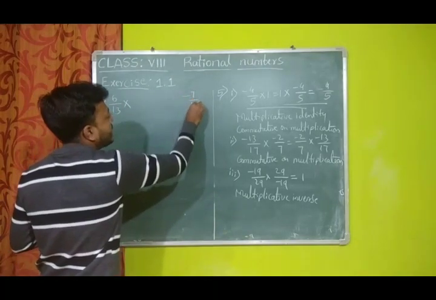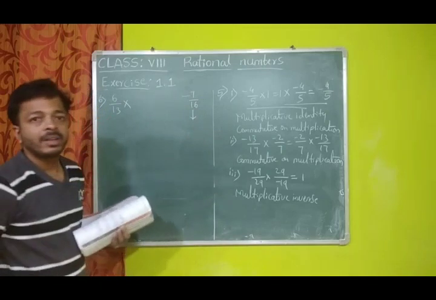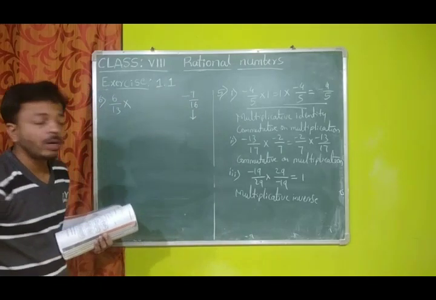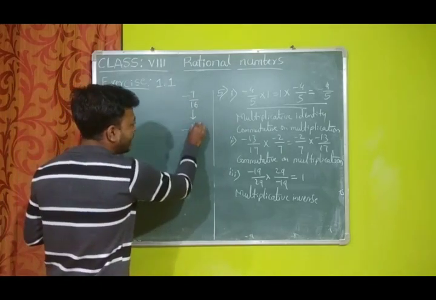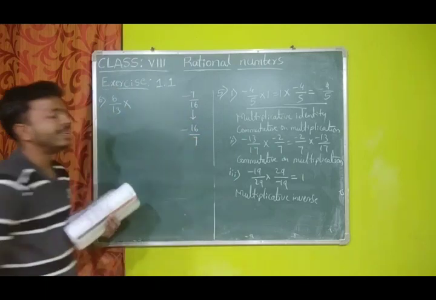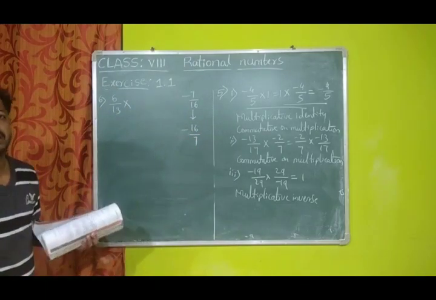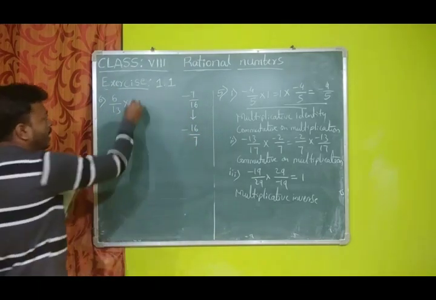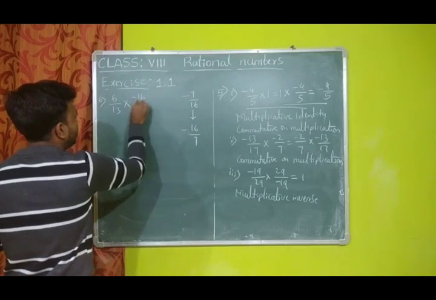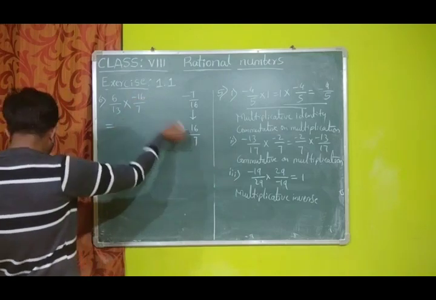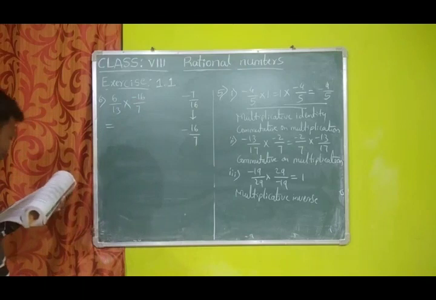What is the reciprocal of minus 7 by 16? Minus 16 by 7. Just interchange the numerator and denominator. That is the reciprocal: minus 16 by 7.